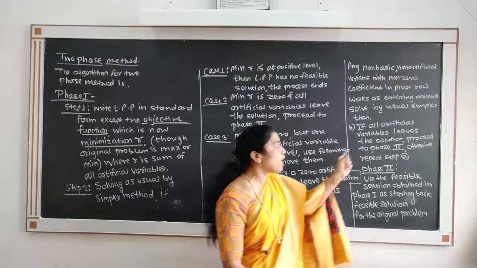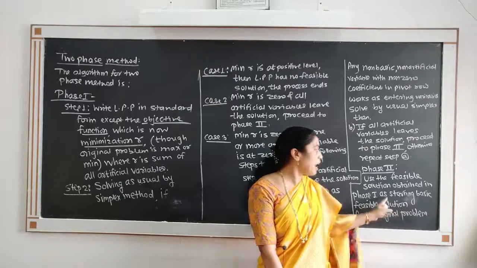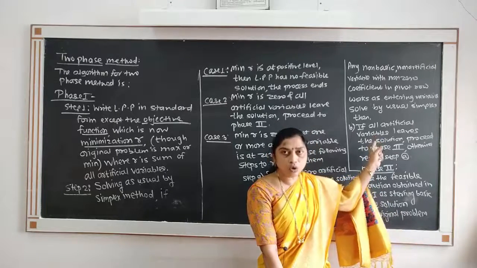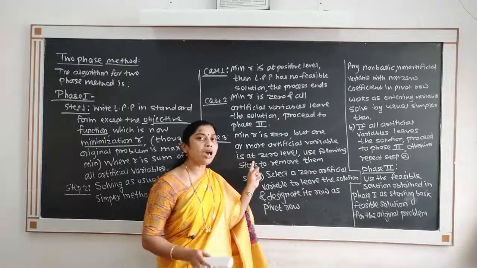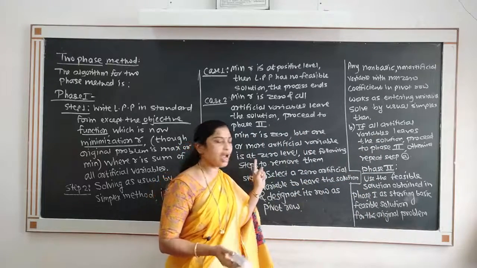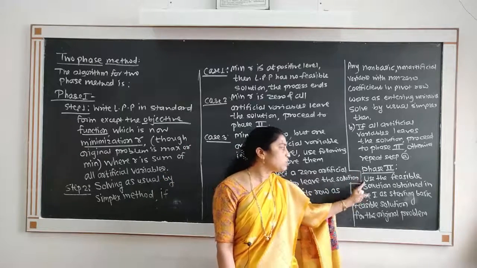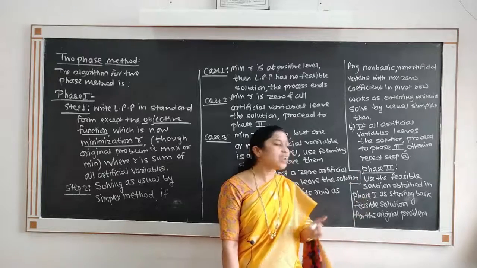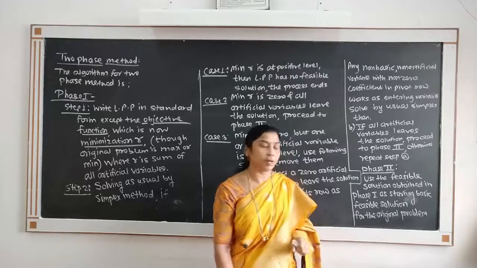Note that if all artificial variables leave the solution, our process ends and we go to phase 2. But if all artificial variables do not leave the solution, then repeat this till all artificial variables are removed and then go to phase 2. And in phase 2, we are using the feasible solution from phase 1 as starting basic feasible solution of the original problem.